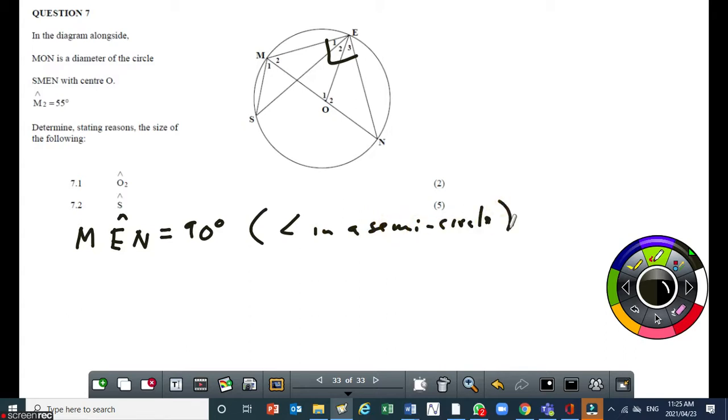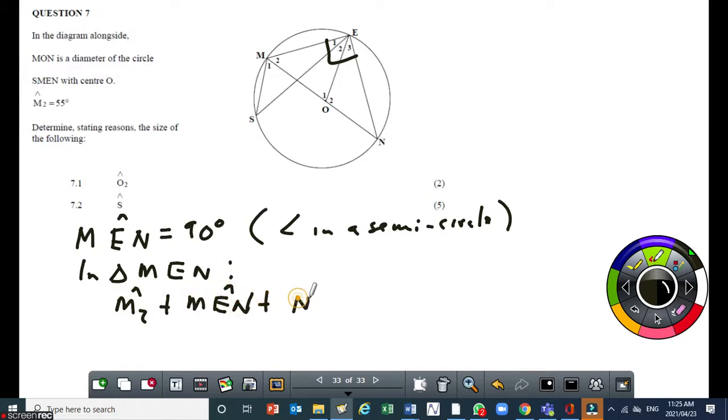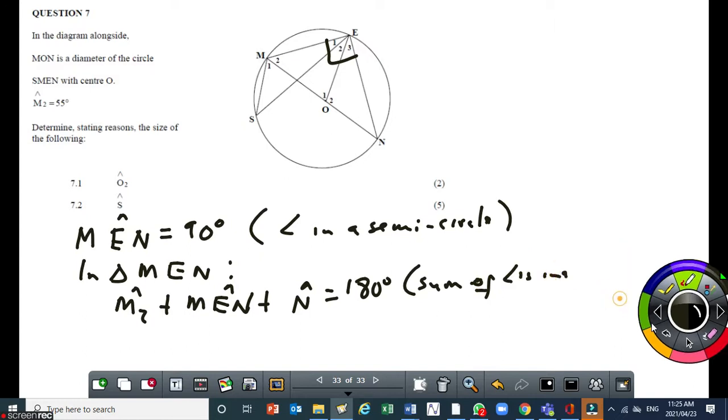Then, in triangle MEN, M2 plus MEN plus angle N will give me 180 degrees. That's sum of angles in a triangle. So my angle N is going to be equal to 180 degrees minus 90 plus 55 degrees, and I'll get 35 degrees.